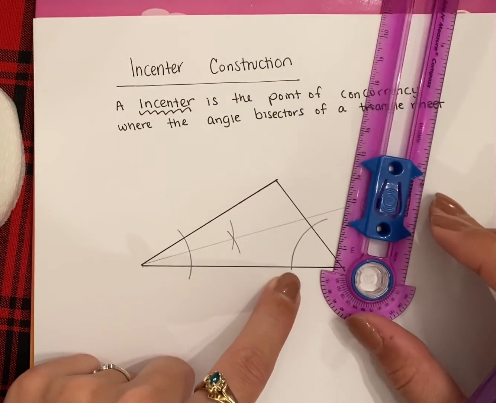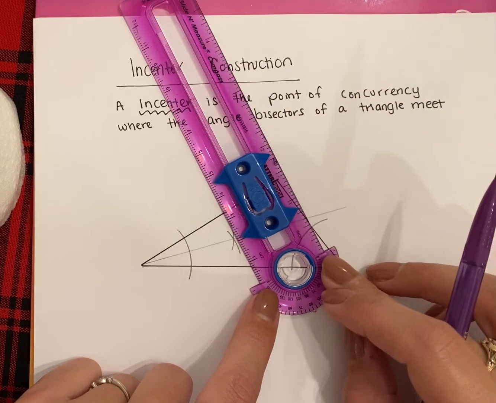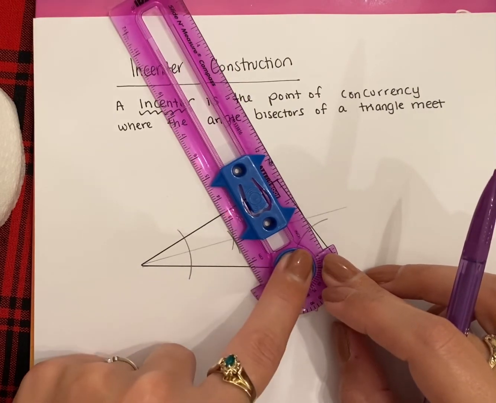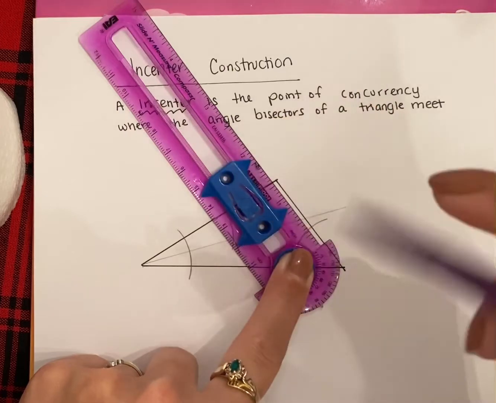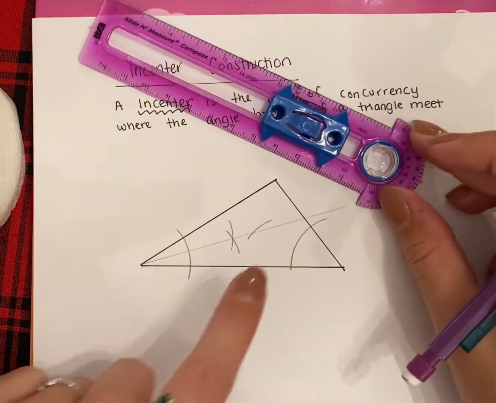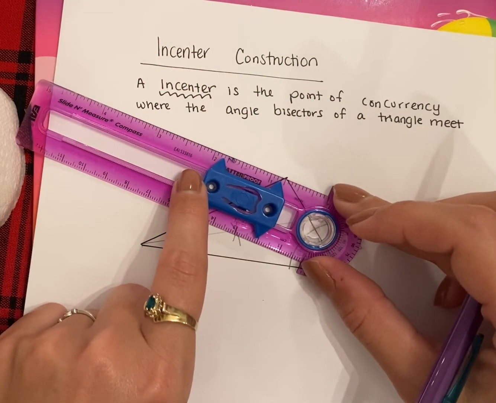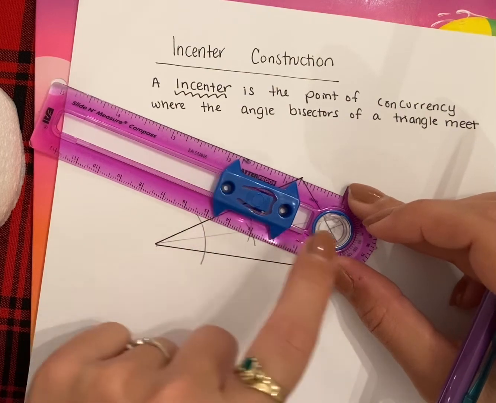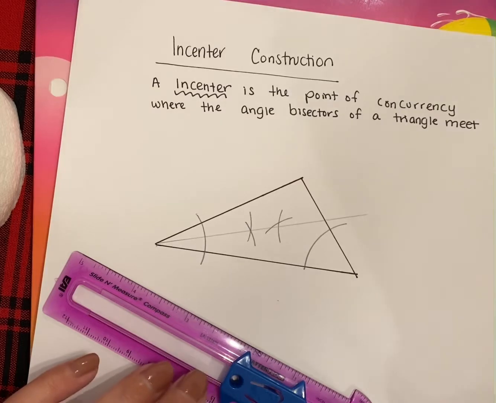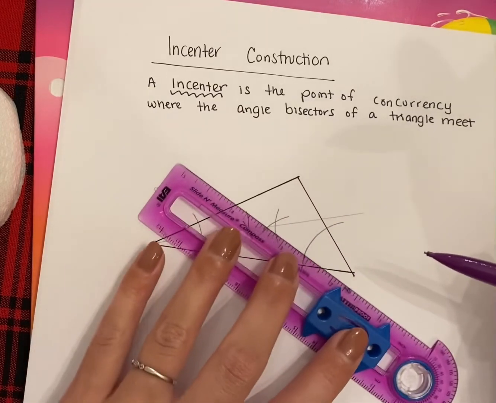Put my needle here, make an arc going out. Move it so that you can move it here, make an arc so you have an intersection. So I have this and it's going to connect with the vertex I just used.